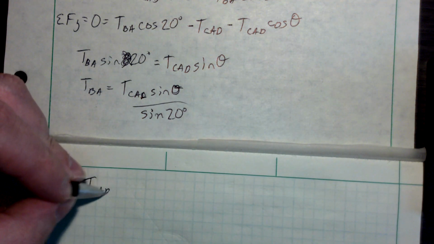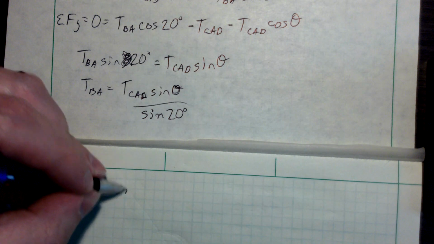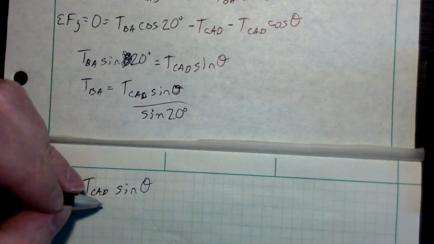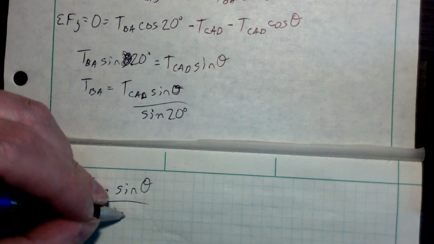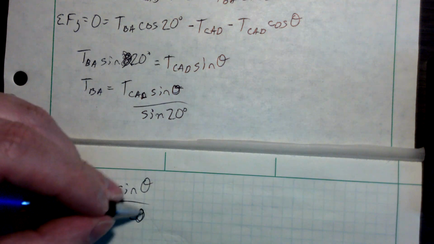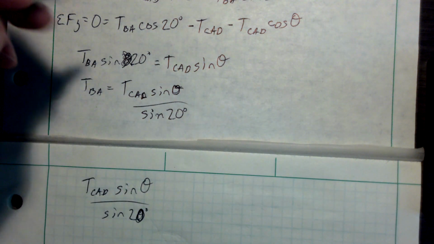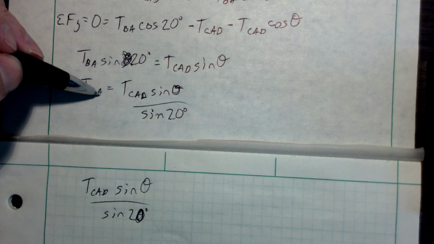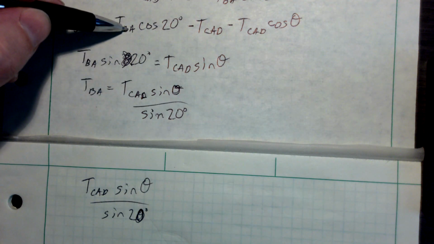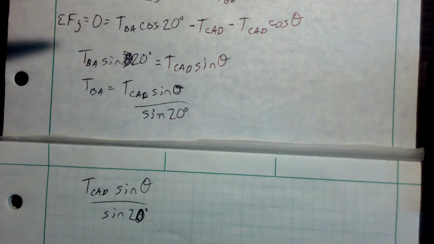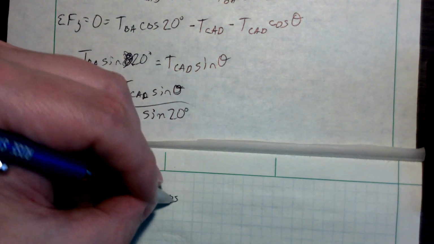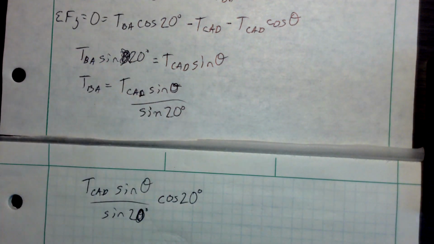So if I take this and plug it in here, then I get T_CAD sine theta all over sine 20, and again I'm plugging this in for T_BA right here, so it still gets multiplied by this cosine 20.